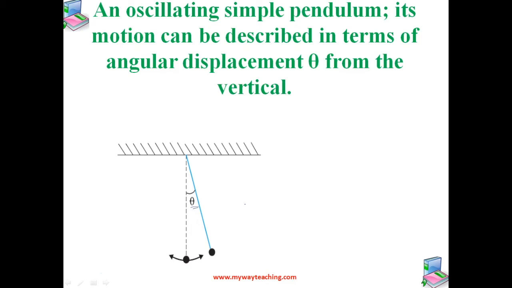Okay, so these are all the examples of displacement in different contexts. See, this displacement variable can take both positive as well as negative values.